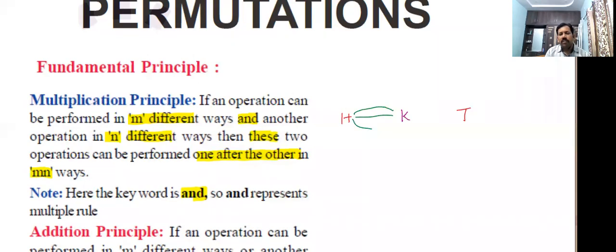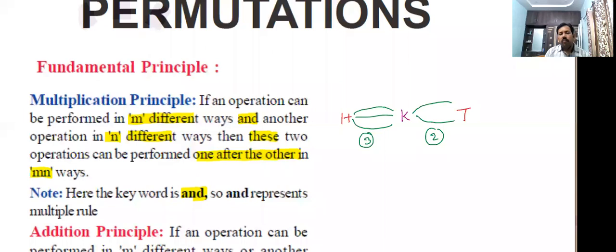One is shortcut, one is long cut, whatever it may be. Kurnool to Tirupati, there are two different routes. So Hyderabad to Kurnool, three different ways; Kurnool to Tirupati, two different ways.